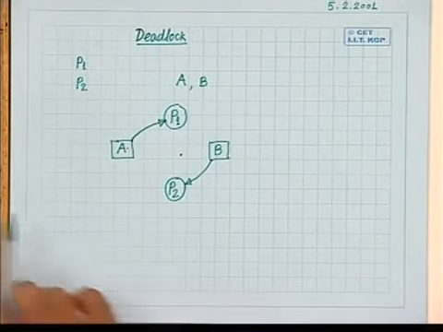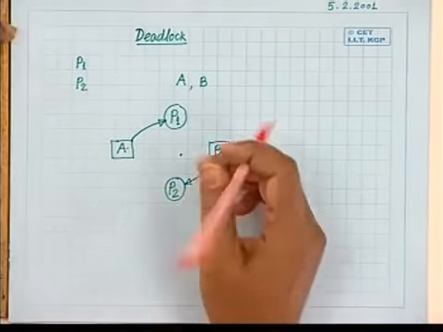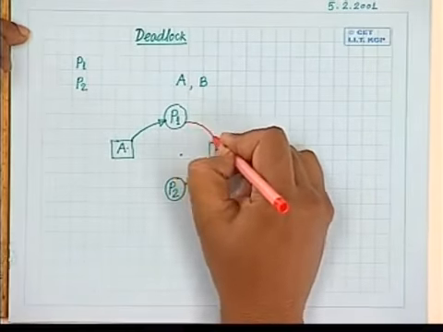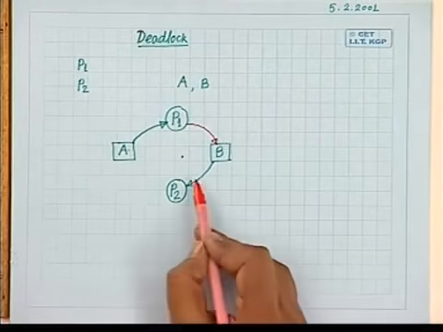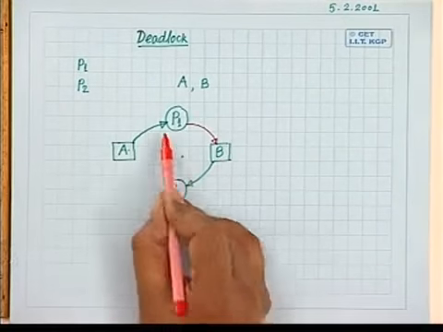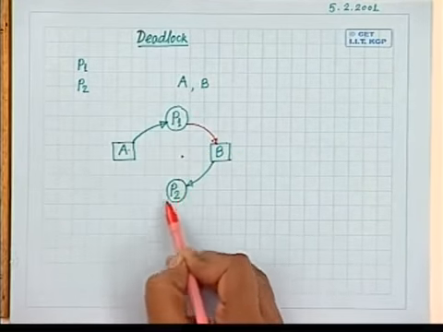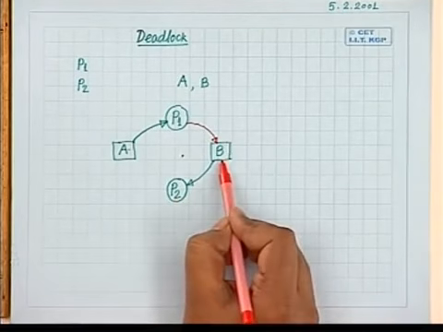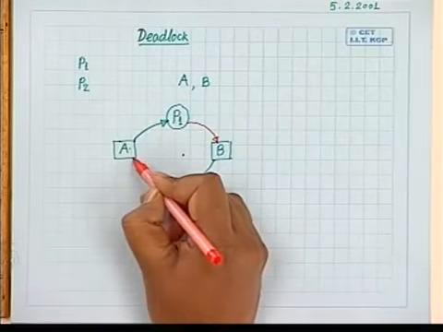So, P1 has acquired A and is waiting for the resource B to be free, because until and unless P2 releases B, P1 cannot acquire it. Similarly, P2 has acquired resource B and is waiting for resource A to be released.